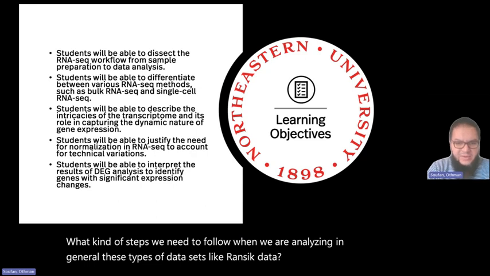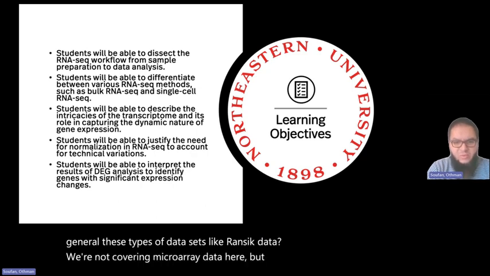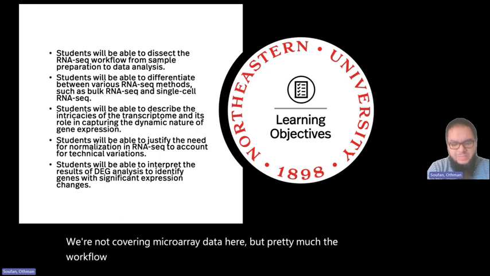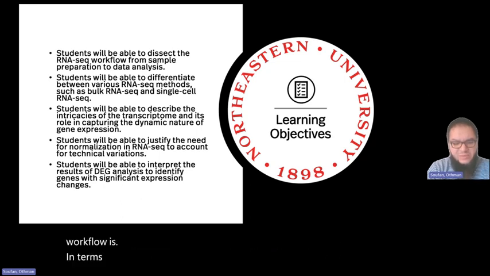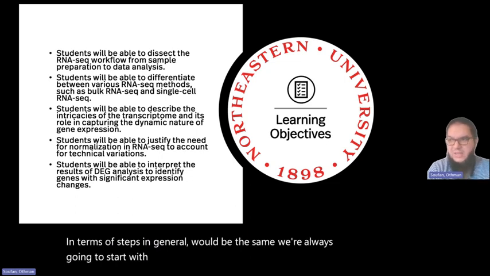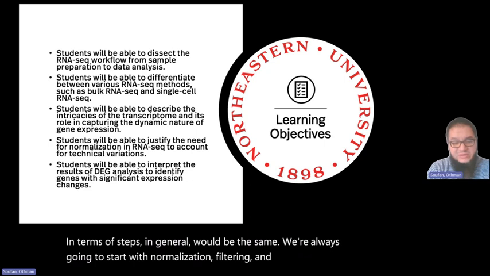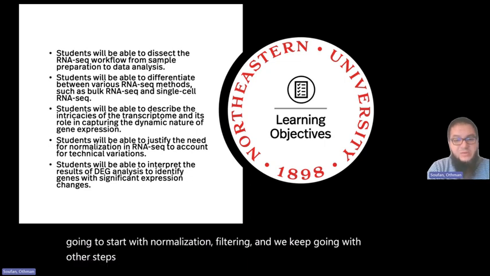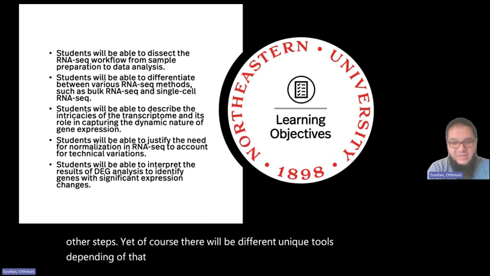We're not covering microarray data here, but pretty much the workflow, in terms of steps in general, would be the same. We're always going to start with normalization, filtering, and we keep going with other steps. Yet, of course, there will be different unique tools depending on the specific type of data that we're dealing with. So here we're focusing on RNA-seq.